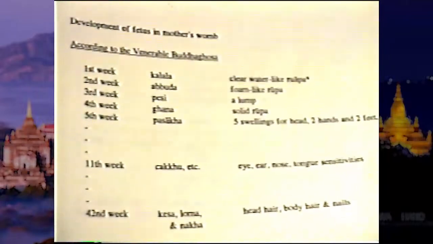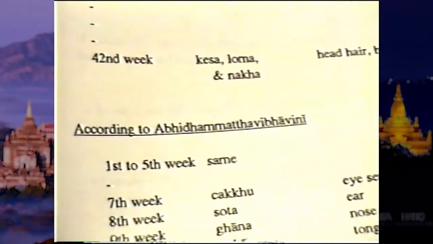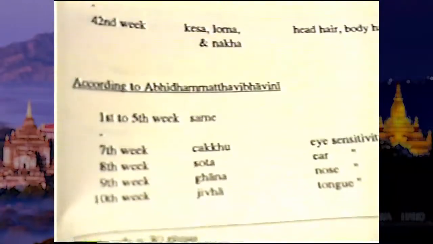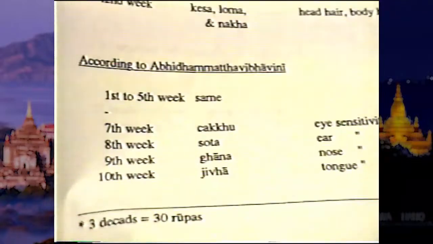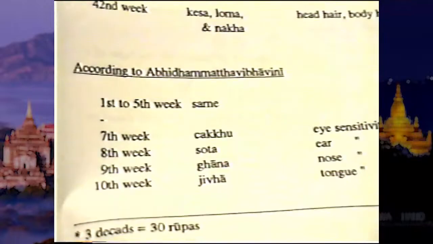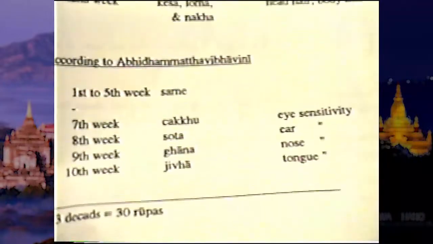But the Abhidhammattha-vibhavani, it is a sub-commentary on the Abhidhammattha-saṅgaha, this manual. That teacher says differently, and according to him, the first to fifth week are the same. So clear water-like rupa, foam-like rupa, lump, solid rupa, and 5 swellings.